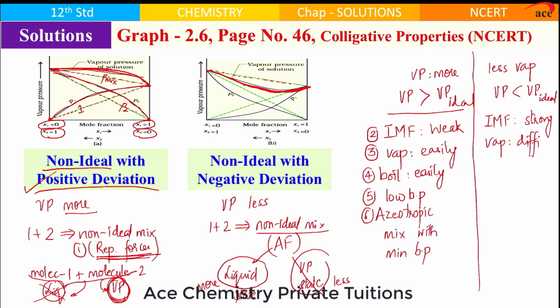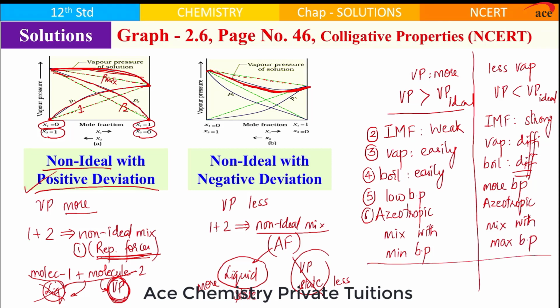If vapors are formed with difficulty, it is difficult to boil such a mixture, or it will require more heat to boil them. If they require more heat to boil, they will have a higher boiling point. Then such a mixture will eventually give you an azeotropic mixture with maximum boiling point.